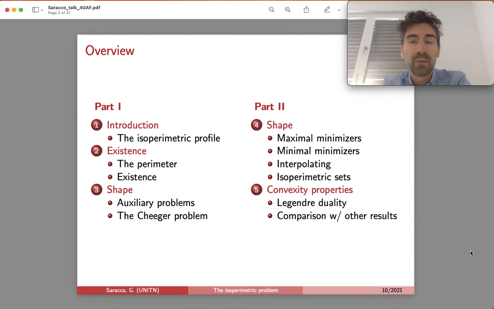In part 1 I will introduce the problem and quickly review what the perimeter is, give you some of its properties so you have a somewhat clear idea of what we're talking about, and quickly discuss existence, which is more or less for free. And then I will start tackling the core of the talk, that is the shape of the minimizers.